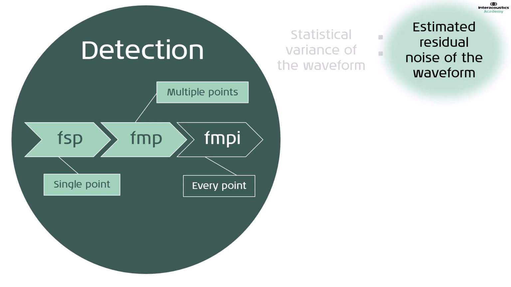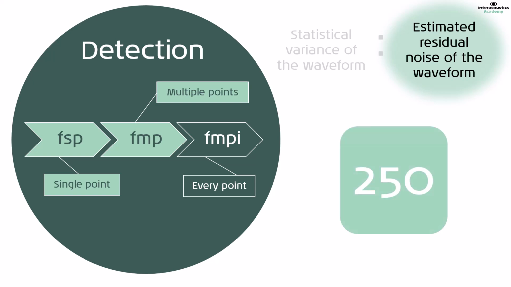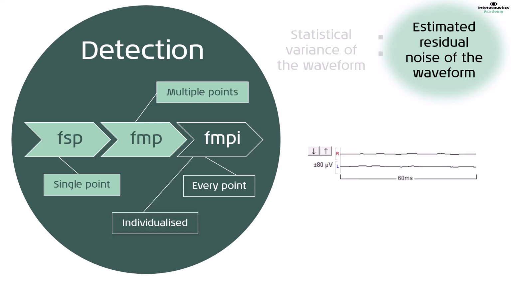FMPI also calculates the signal-to-noise ratio, but now all of the measured data points on the waveform are included in the calculation, which in the case of an aided cortical measurement comes to 250 data points. And furthermore, the individual listener's brain activity, their EEG, is taken into consideration, which doesn't happen in FSP or FMP, where a conservative estimation of the EEG is used.